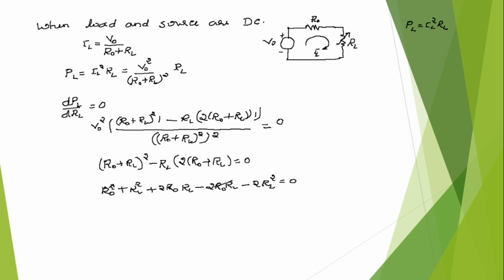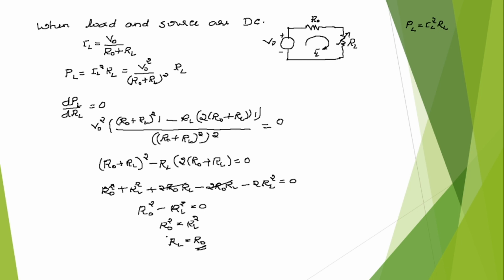So 2 R0 RL and 2 R0 RL get cancelled. What will remain? R0 square minus RL square equals 0. So R0 square equals RL square, which means RL equals R0.